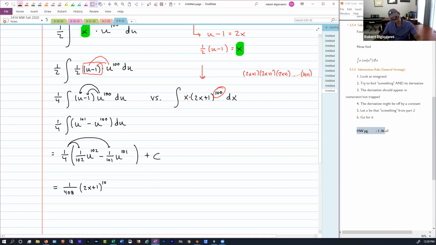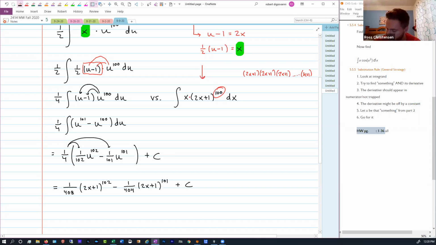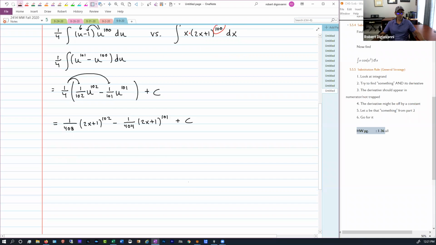So 2x plus 1 to the 102, minus 1 over 404 times 2x plus 1 to the 101, plus c. There it is. That's the antiderivative, we think, right? We could check. I will.